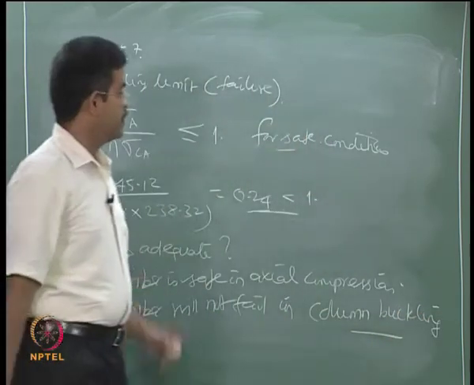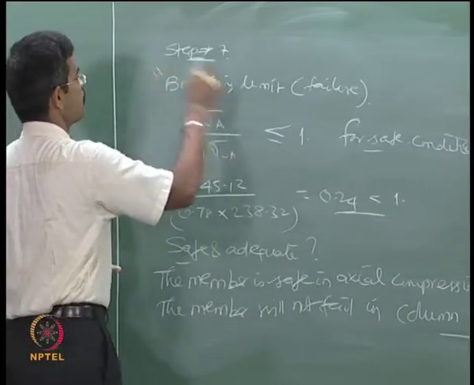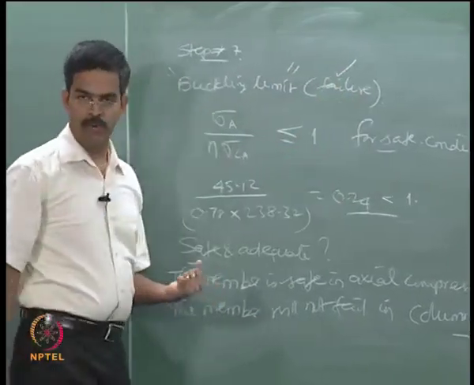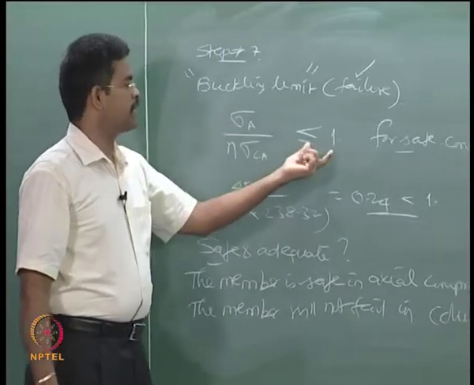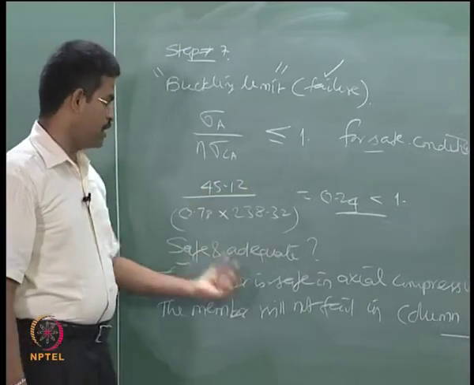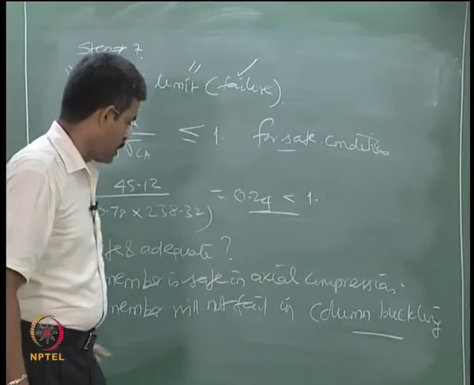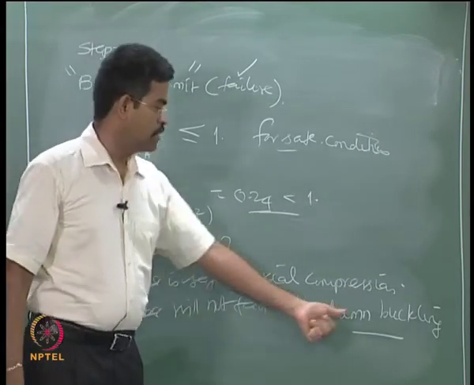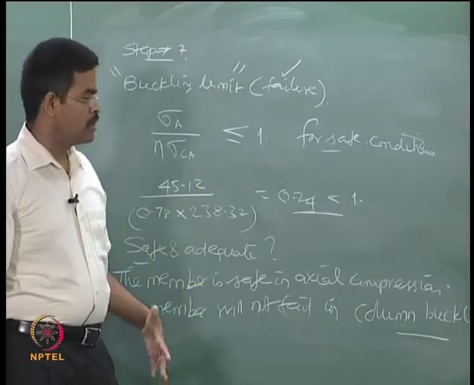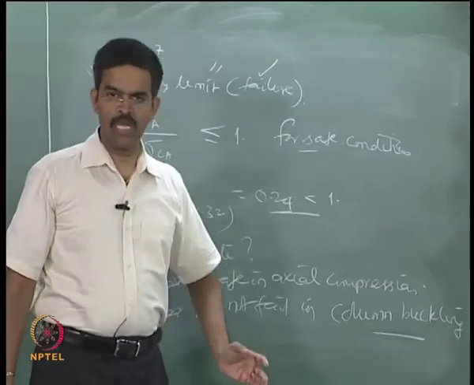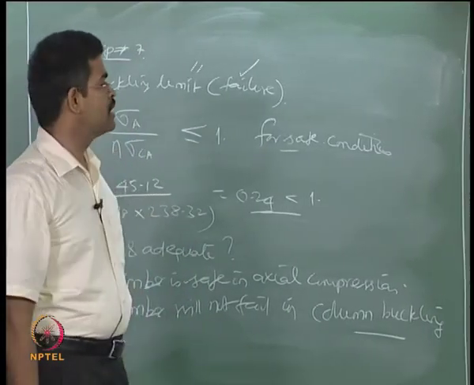That is why in this step we check the buckling limit for failure. When the buckling limit is satisfied, the member is safe in axial compression and the member will not be failing in column buckling. So, ladies and gentlemen, this is one of the levels of uncertainty that we have assessed.